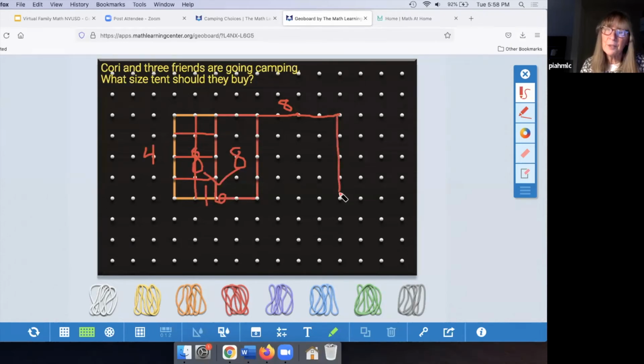And then I know that this would be another group of 16. And 16 plus 16 would be 32. So they can use a combination of doubles facts and place value to think about tens and ones and adding it up together to figure out the square units that they would need for a tent.